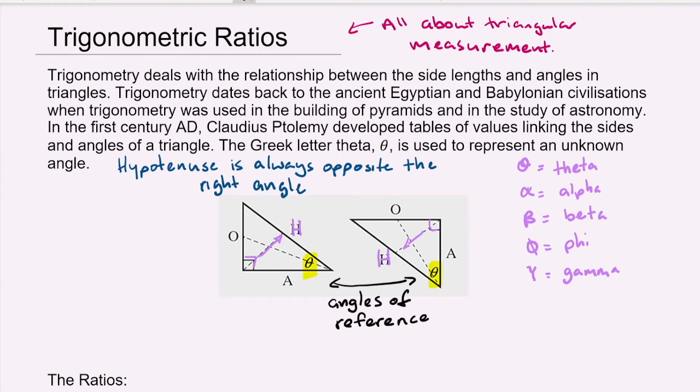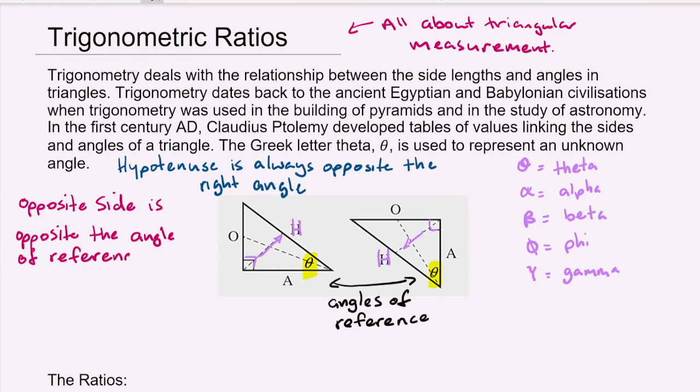Now, our other two sides, we have the opposite side and we have an adjacent side. Our opposite side is always opposite the angle of reference, directly opposite.